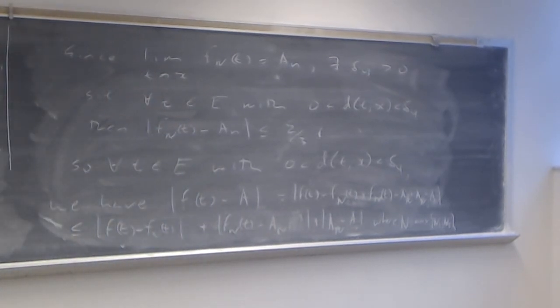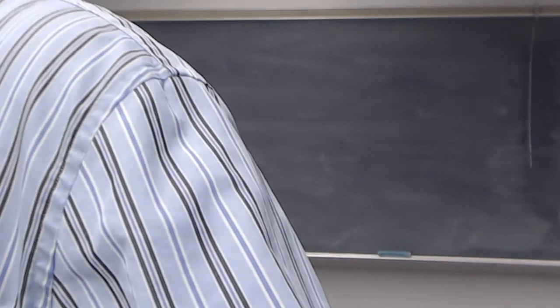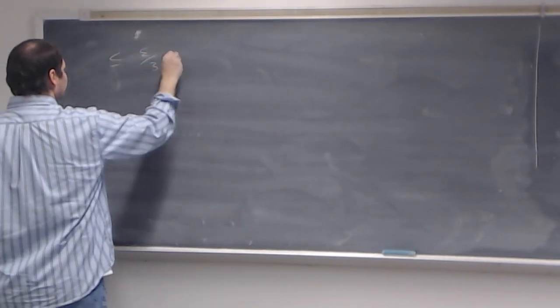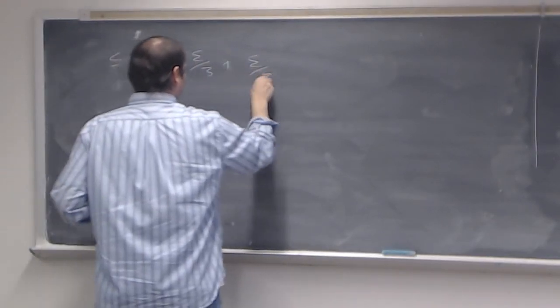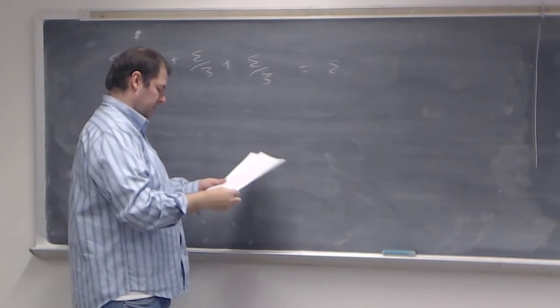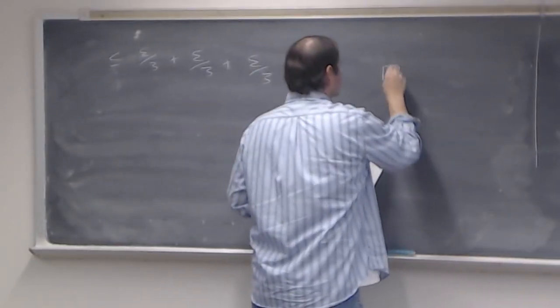But for that particular N, by our previous work, that's going to be less than or equal to epsilon over 3 plus epsilon over 3 plus epsilon over 3, which equals epsilon. Okay? And so that proves what we wanted.